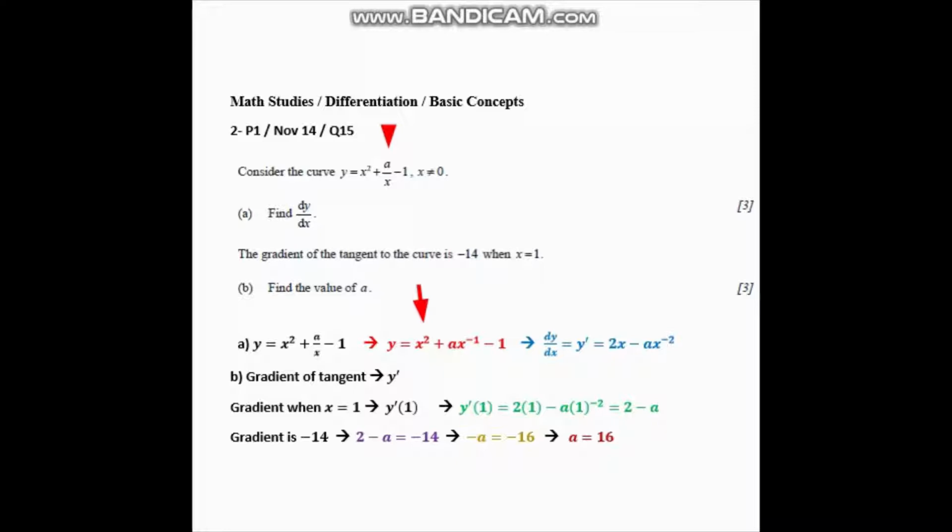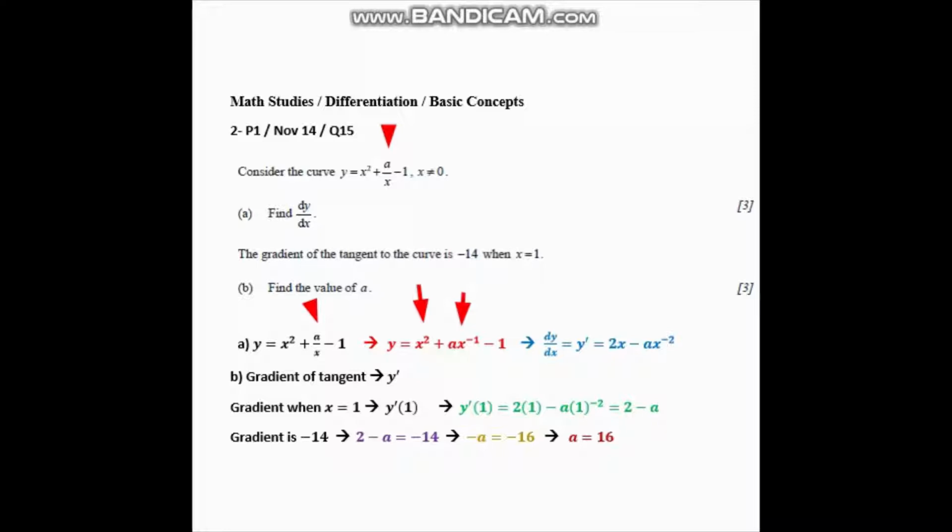It is actually the original function. I've only changed one small detail in this equation, which is the second term. Instead of having a over x, I've rewritten this as ax to the power of negative 1, because this helps me differentiate. This makes differentiation easier.